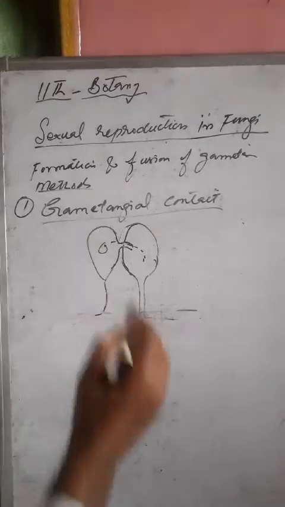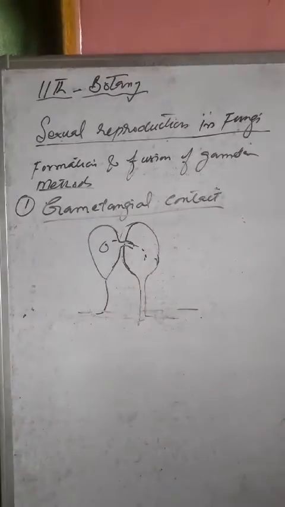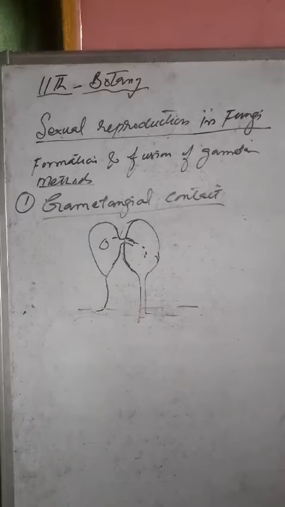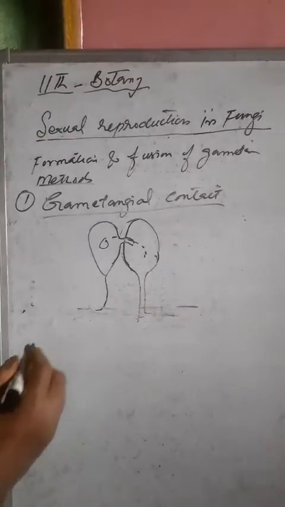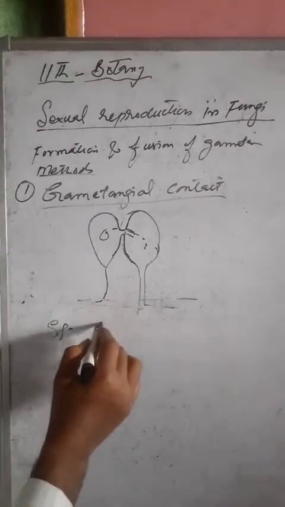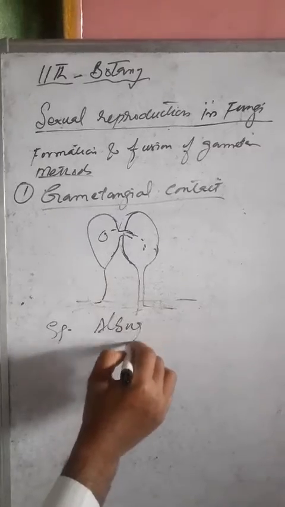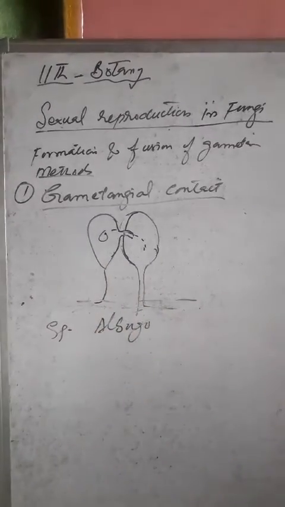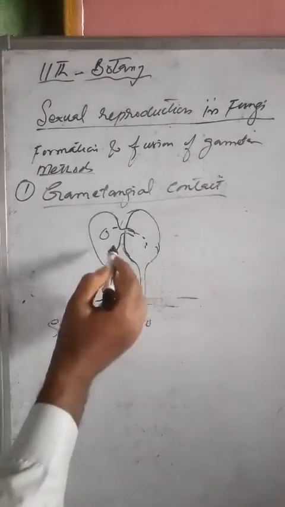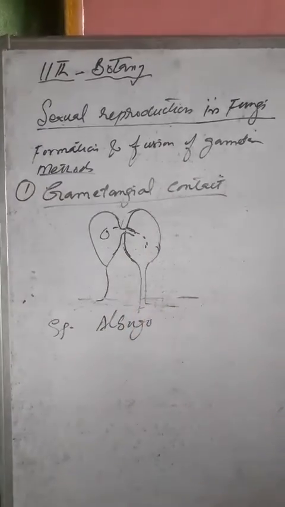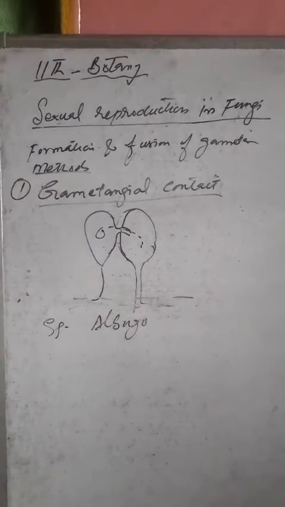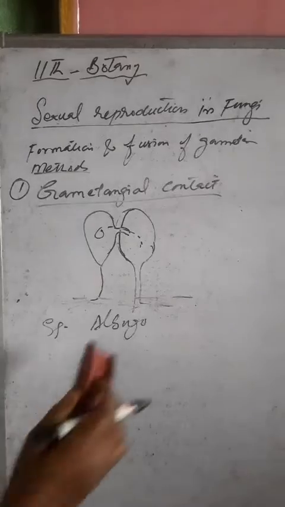This is gametangial contact. It takes place, for example, in Albugo. Here the gametangia do not lose their identity.